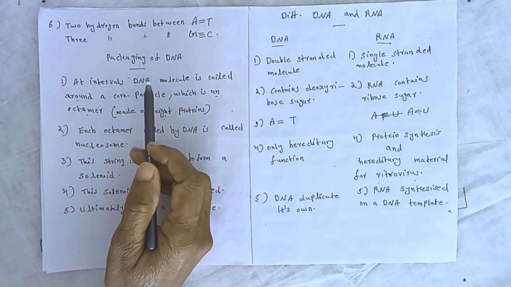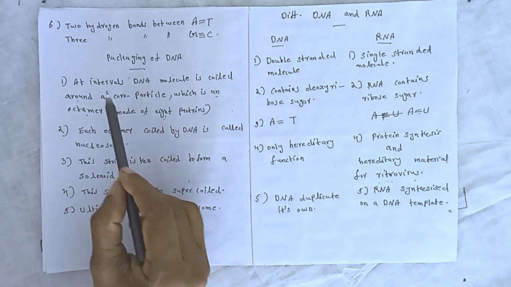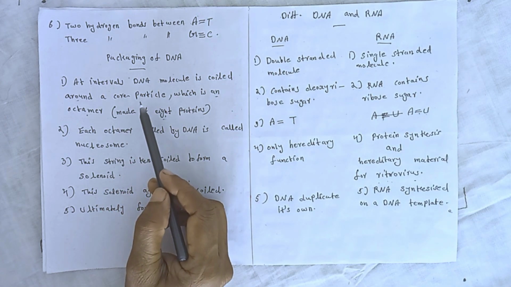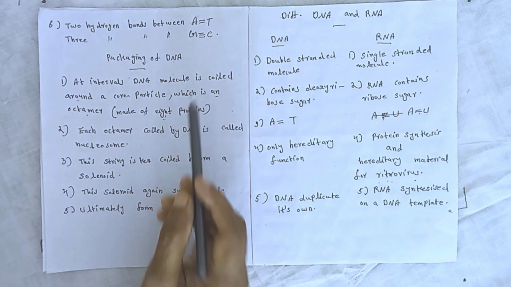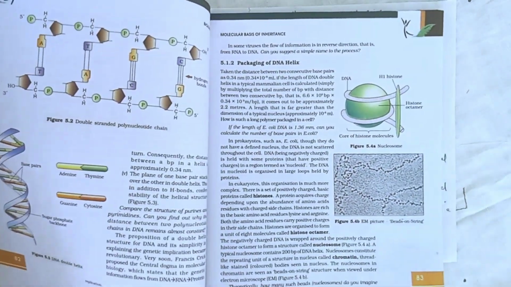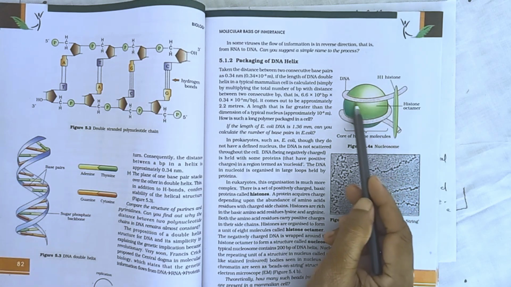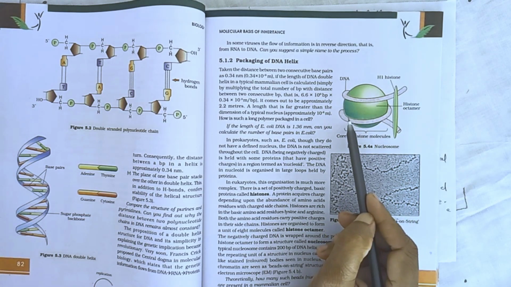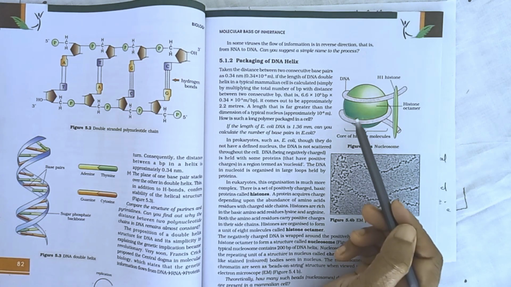Next topic, packaging of DNA. At intervals, the DNA molecule is coiled around a core particle.